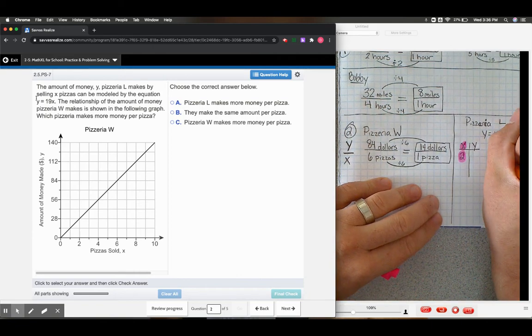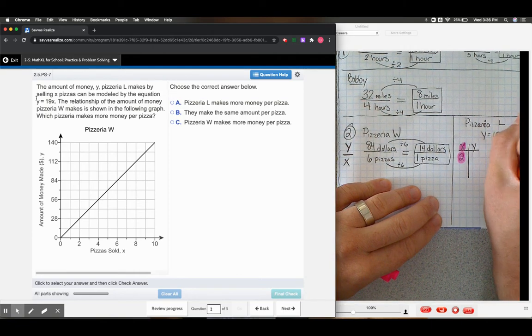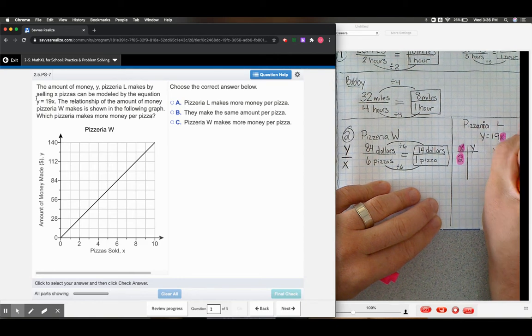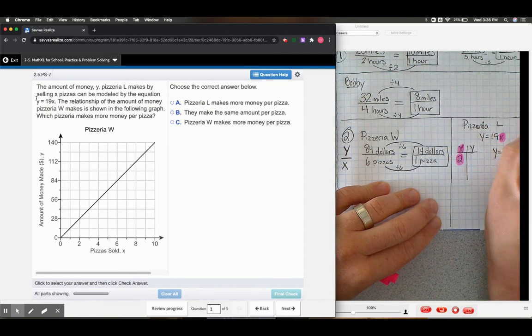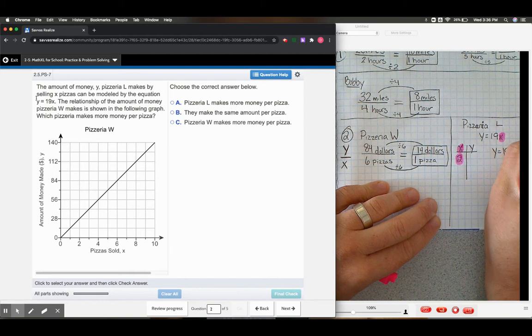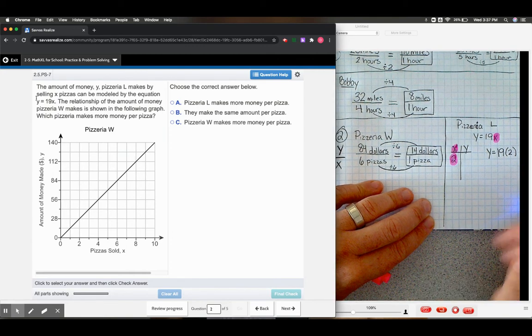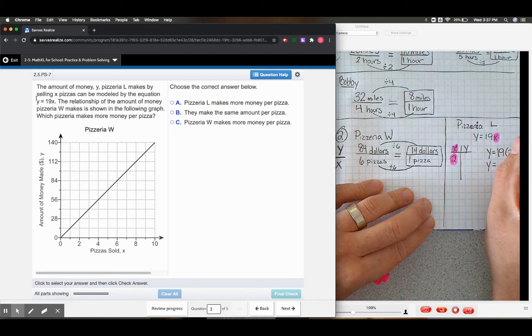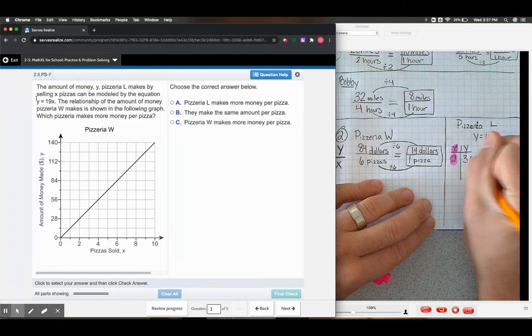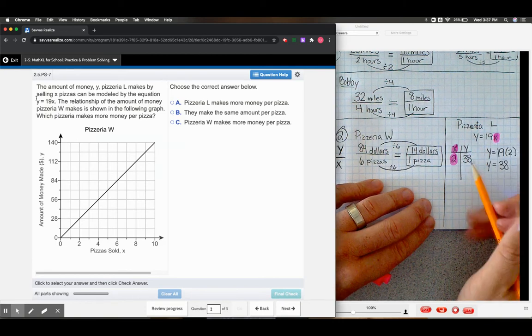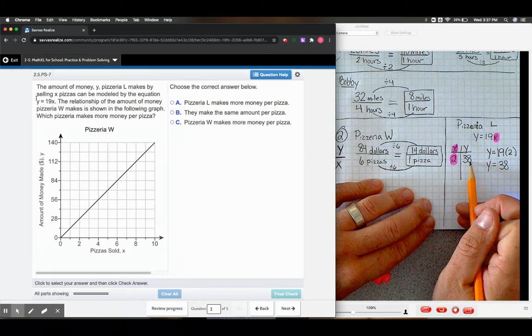And I'm gonna plug it into that equation just like it is. The only substitution I'm making is where I see the X, I'm gonna plug in 2 right here. And then we're gonna do some math. y equals 19 multiplied by 2. That would be 38. So according to the equation, 2 pizzas cost $38.